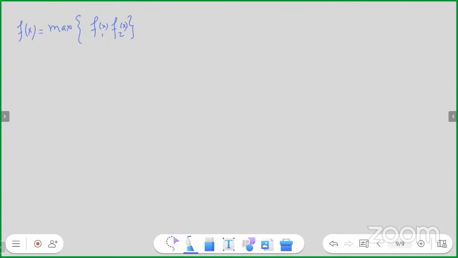So this point-wise maximum, you don't necessarily have to do this over a finite family. You can look at a class of functions f_i. Let's just call it a family.